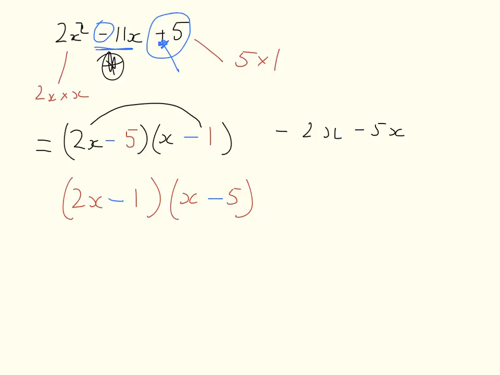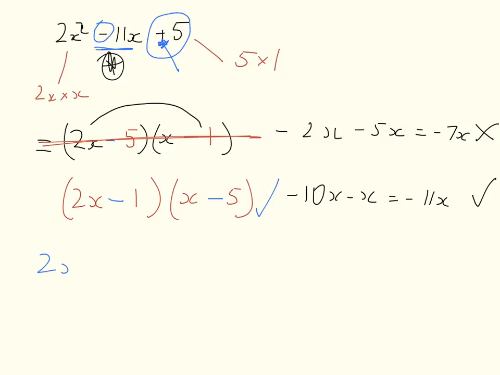Well, that gives me minus 7x, and that's wrong. That's not what we want. So we'll check this one anyway, but our second option here is going to be right. This one will give me minus 10x minus x, which does give me minus 11x. We are correct. So this one is not my factorization. It's wrong, but this one, however, is correct.